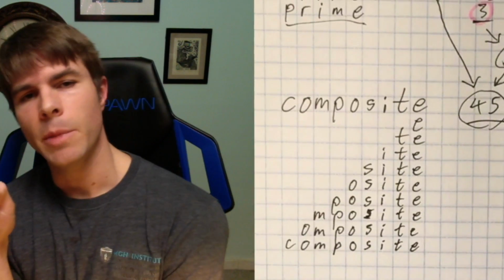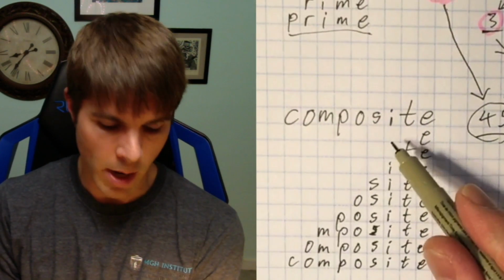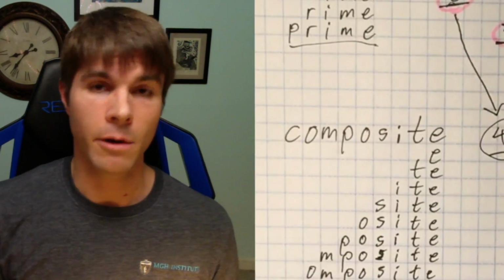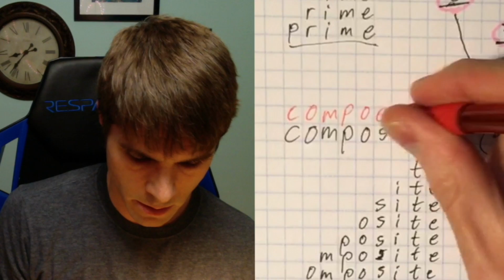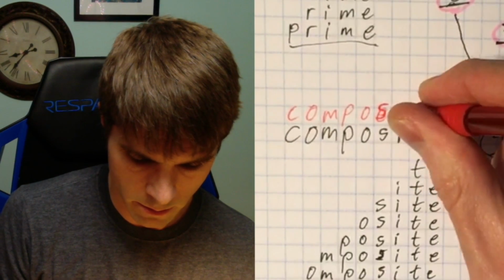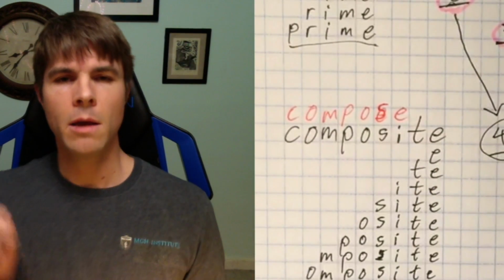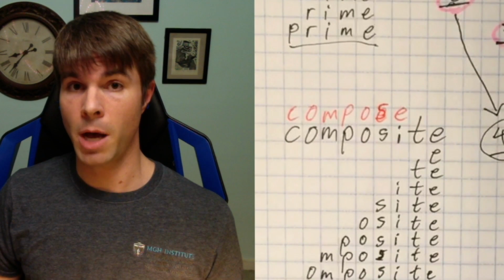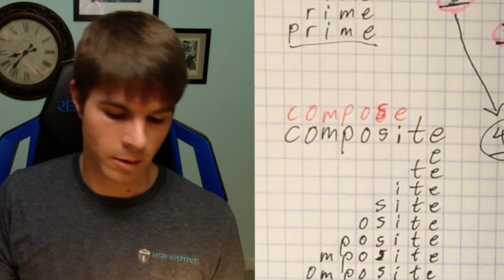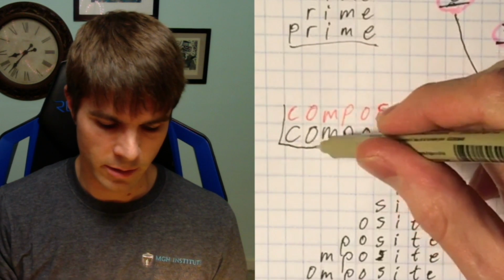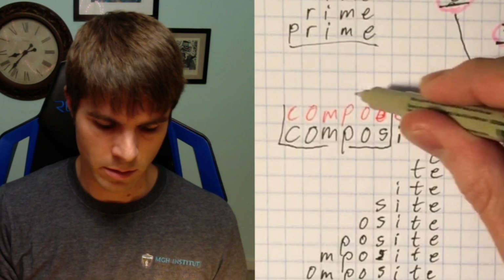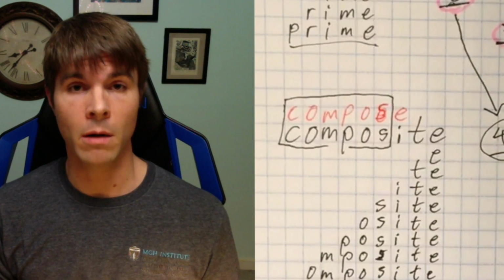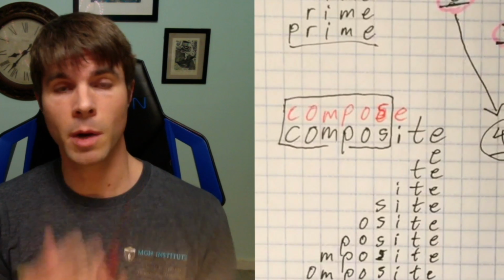If you listen to somebody say the word composite, you might not hear the word compose when someone says composite, but we've got 6 of the same letters in the same order. Composite numbers are composed of smaller numbers.